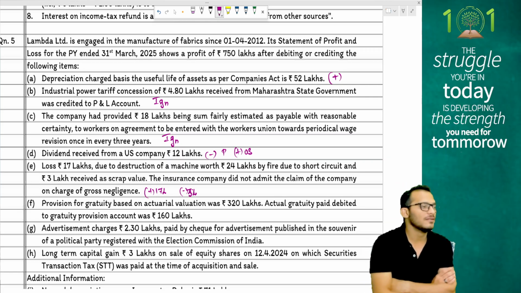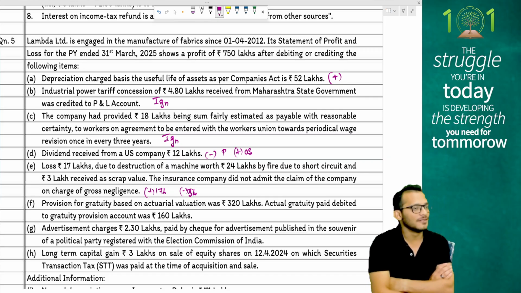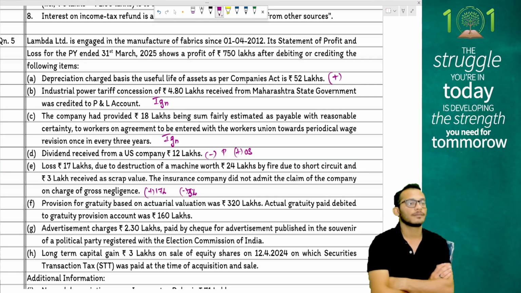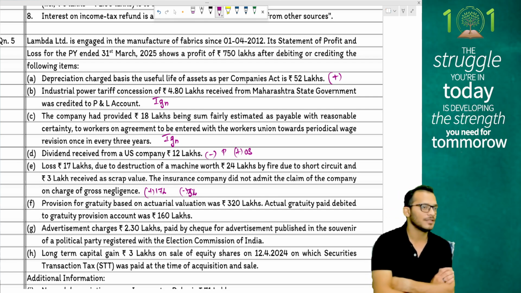Exactly. People, notice the words very carefully. Sometimes when nothing is given also, it is given somewhere. Noticing that the machine is worth 24 lakhs, which has been destroyed, but you're only booking a loss of 17 lakhs. In simple words means not all machinery has been destroyed. The machinery still remains.